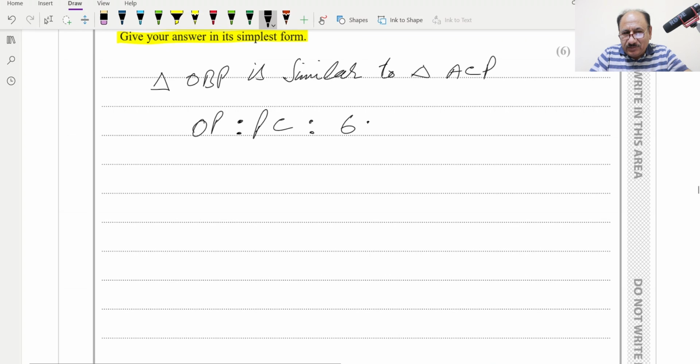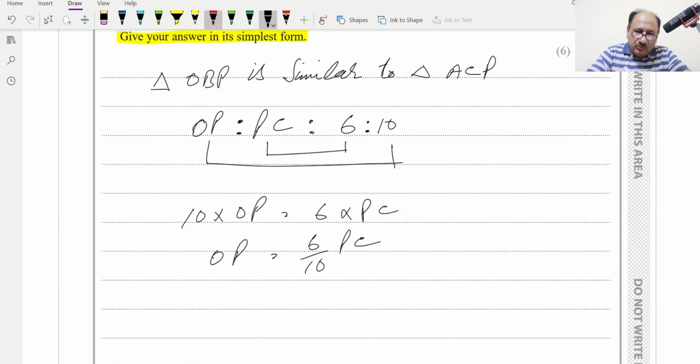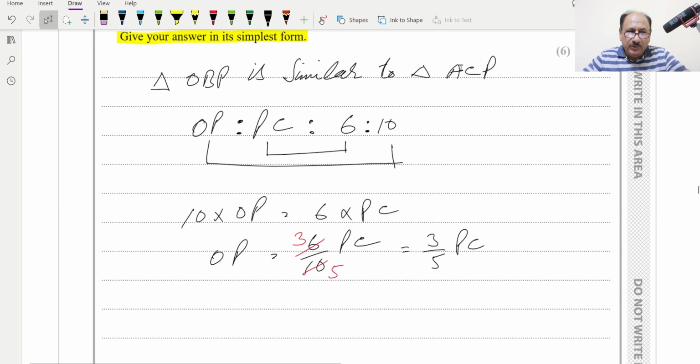So we'll write 6 ratio 10, and we can take the product of interior equal to product of exterior. So this will be 10 into OP is equal to 6 into PC, so OP is equal to 6 over 10 PC, and we can cancel, 2 3s are 6 and 2 5s are 10, so this will be equal to 3 over 5 PC. So we got OP is equal to 3 by 5 PC.